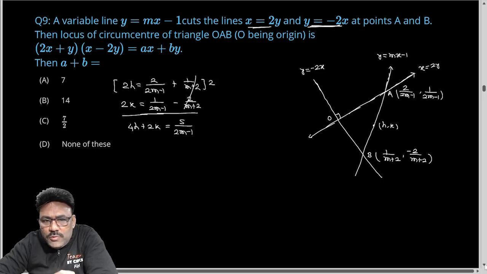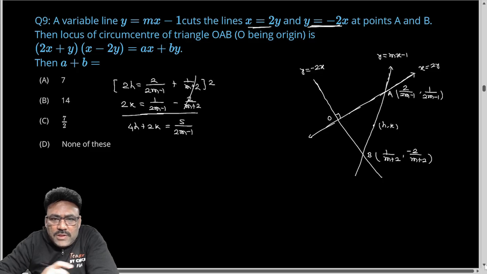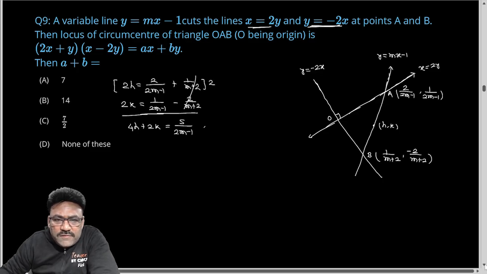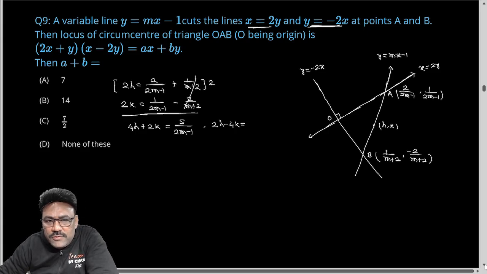Similarly, if I multiply the second equation by 2 and subtract, I will get 2h minus 4k, this 2 by 2m minus 1 is cancelled. And I will get here 1 plus 4, 5 over m plus 2.